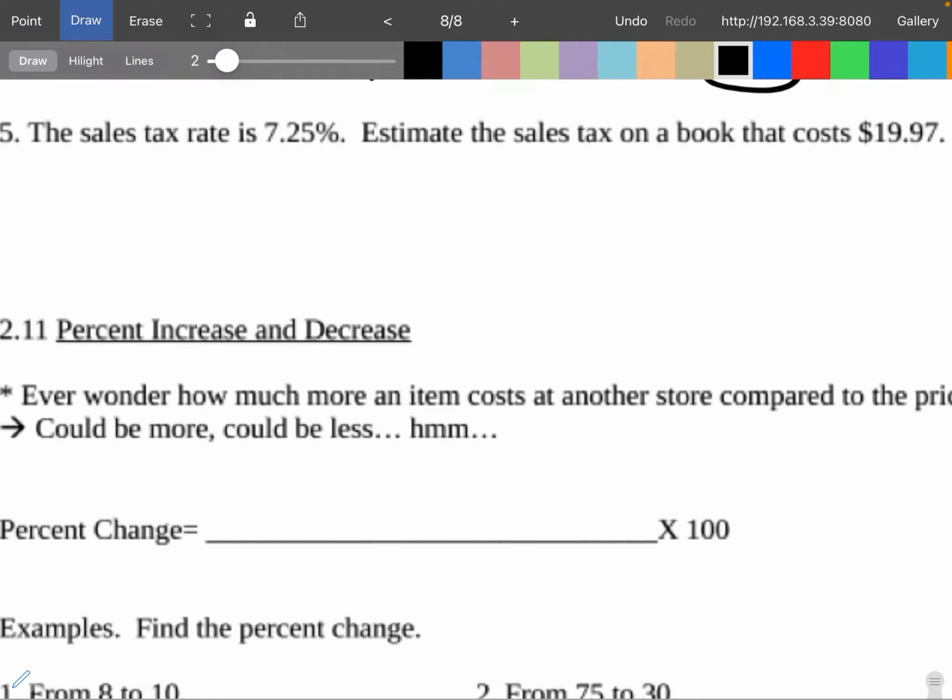So let's see what way could we make this easier. Well, I don't want to figure out 0.25% in my head, so let's do 7.5%. We're just approximating. So we're going to let this be 7.5%. And then let's approximate the cost of the book also. Let's make that $20.